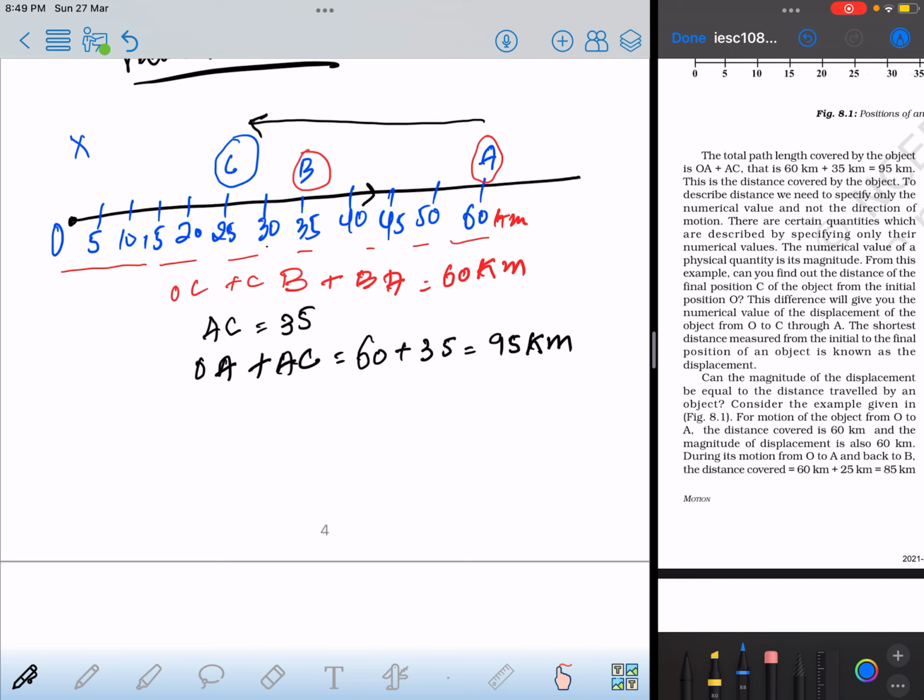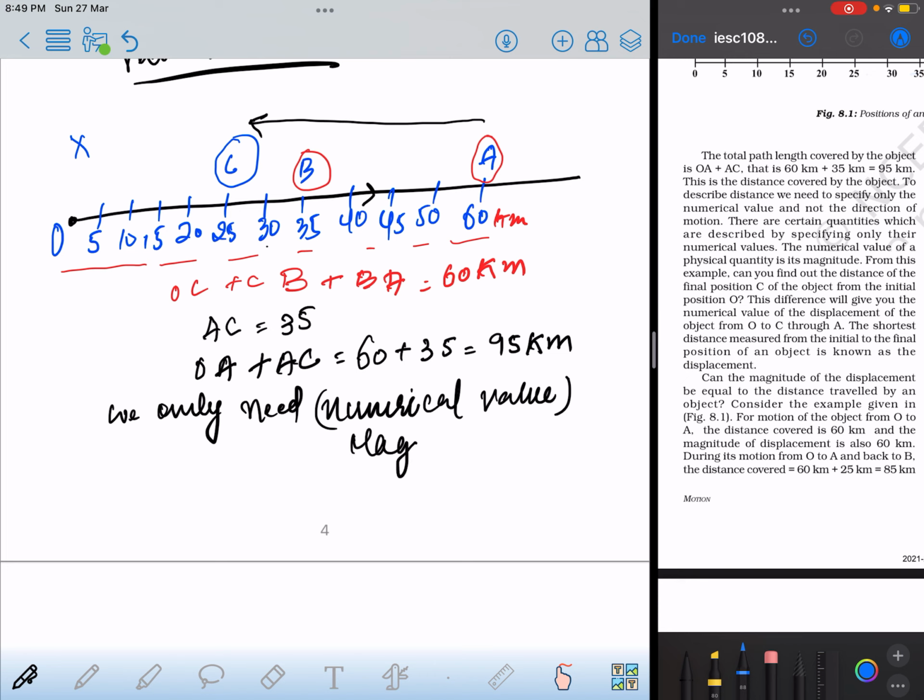Now, in order to define the distance, we only need its numerical value. The numerical value is what? That is the magnitude.